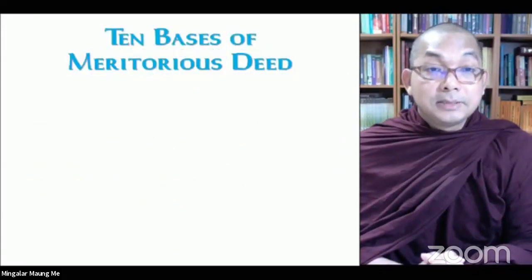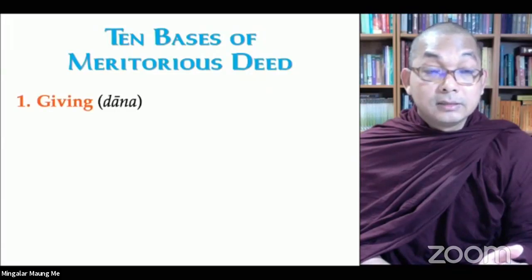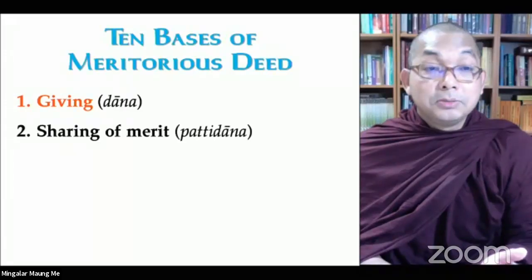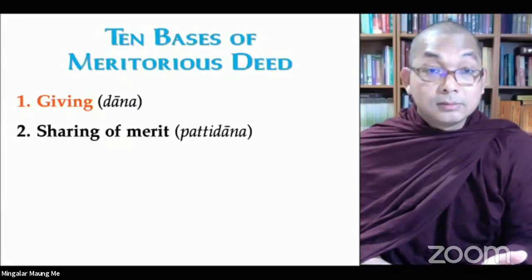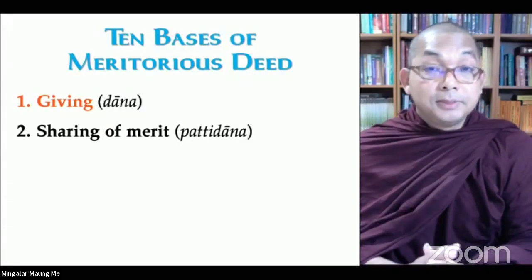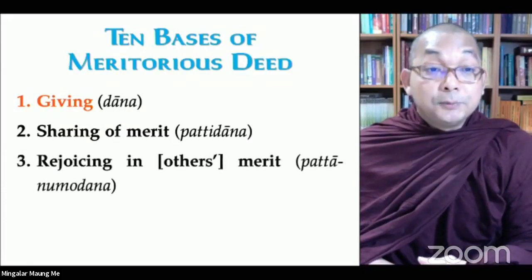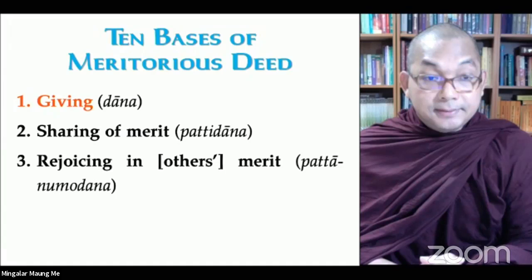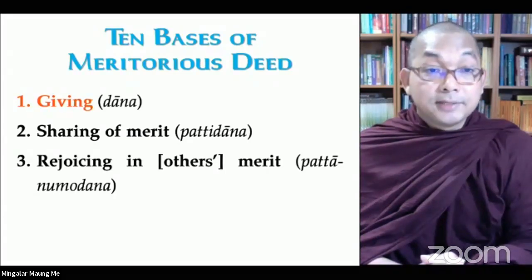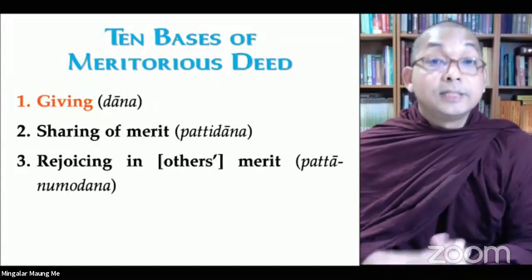So, the 10 bases of meritorious deed. These are the bases on which you can do your good deeds. Number 1, giving, dana. Number 2, sharing of merit. You do a good deed, and you share the merit with your departed people. And number 3, rejoicing in others' merit. When somebody does a good deed, you rejoice. Sadhu, sadhu, sadhu. Sometimes without saying anything, you can rejoice in your mind.